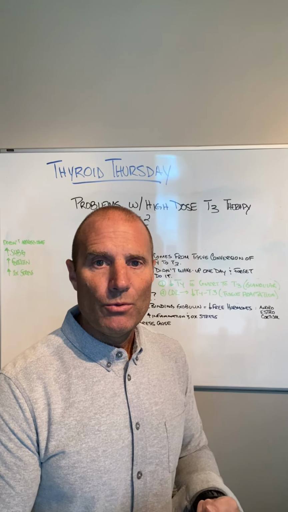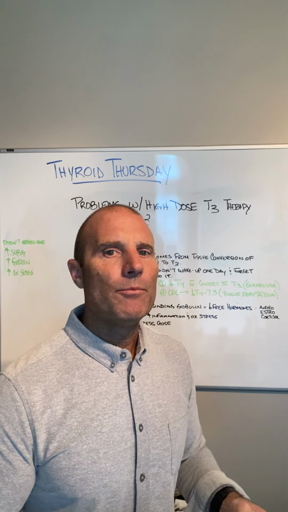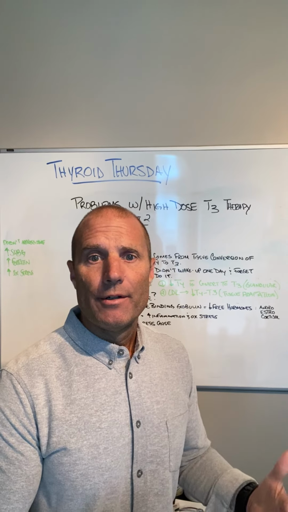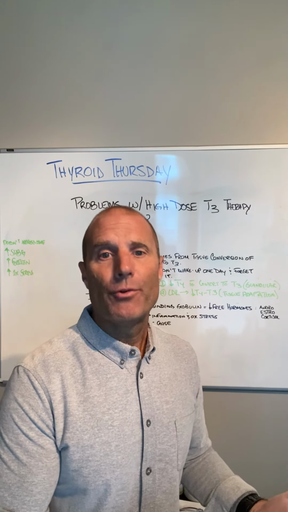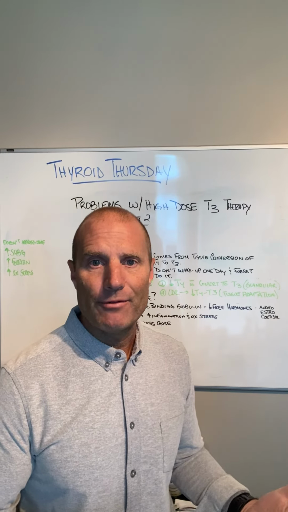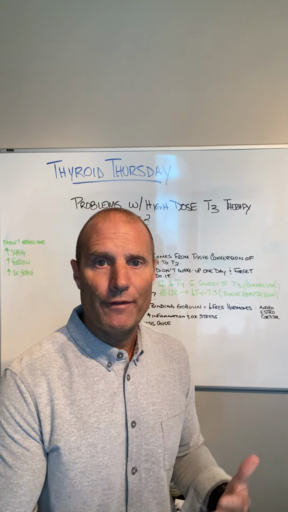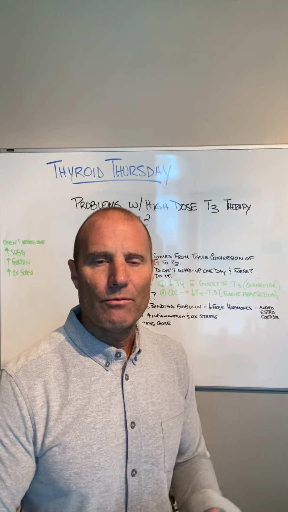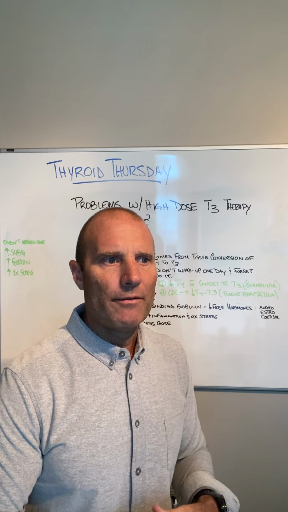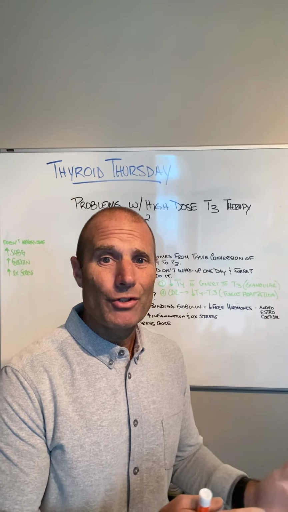And then two is that they're told that they have a polymorphism that they can't convert T4 to T3, and therefore they're going to need T3. Well, if that's the case, why did that kick in when they're in their 30s, right? Why did that kick in when they're in their 40s or 50s? Why didn't they have that issue right from the start? So could there be a genetic polymorphism of the deiodinase-2 enzyme so they have reduced conversion?